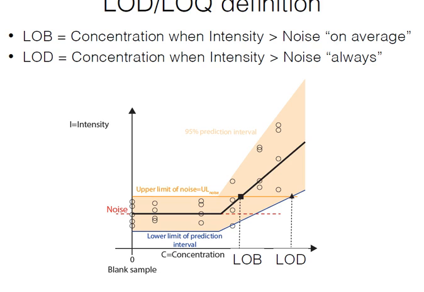Then you need to estimate the prediction interval of the response, usually by resampling the data. This gives you the orange area here. You take the intersection between the lower bound of this prediction interval and the upper limit of the noise again, and this gives you the LOD. For the LOQ, you can't find it like that. You have to use some other definition.